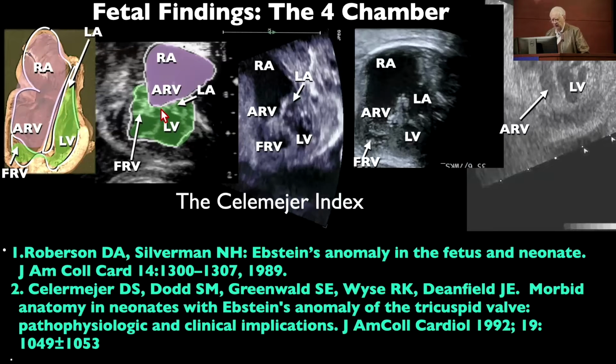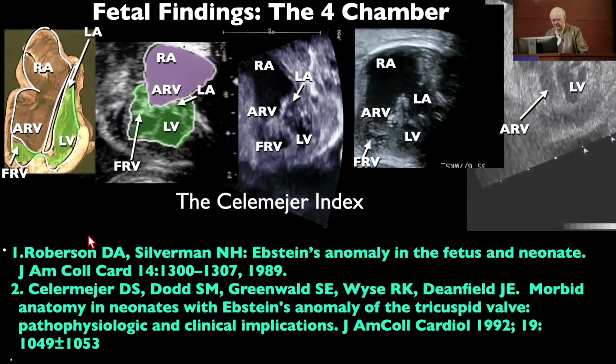And this was the origin of this paper that I wrote in 1988, 1989, it got published, of this prognostic thing that became the Celermajer index. And being such a small world, Dr. Celermajer's family is part of my family in Australia, so wheels within wheels.